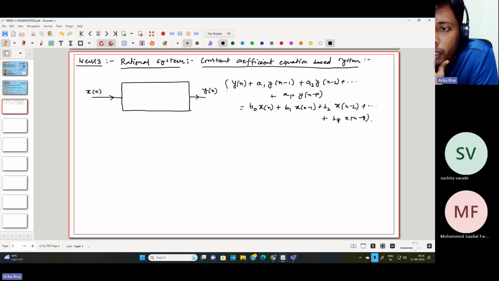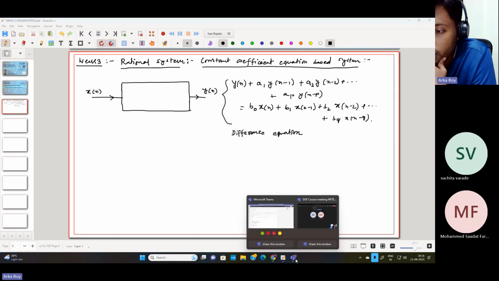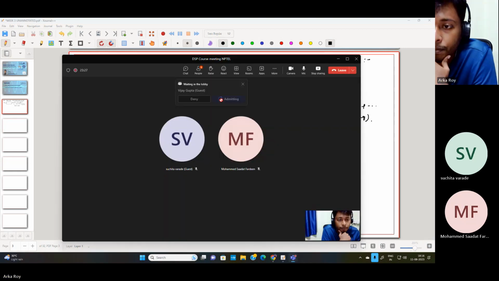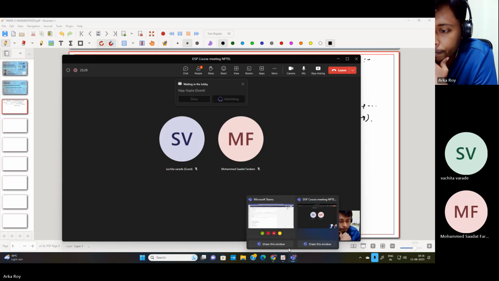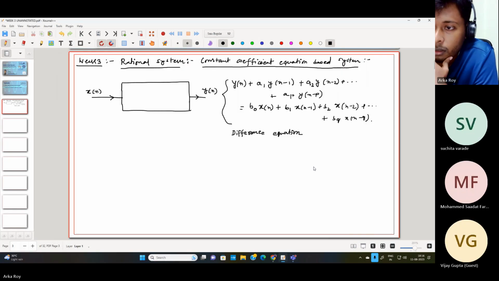Now for these kinds of systems, this is basically the difference equation. I guess someone is trying to join. So this is the difference equation system. The thing is, how can we solve this particular difference equation to get the system representation?